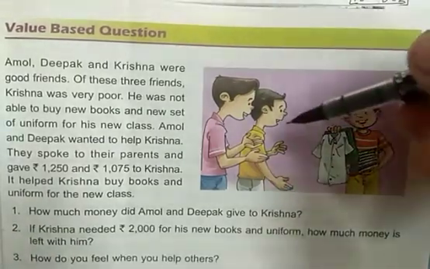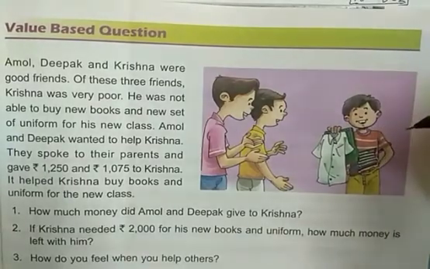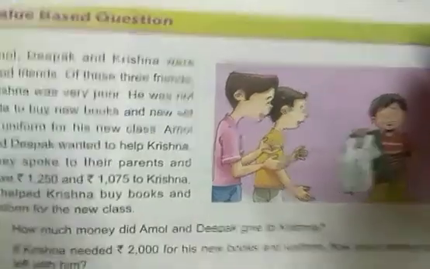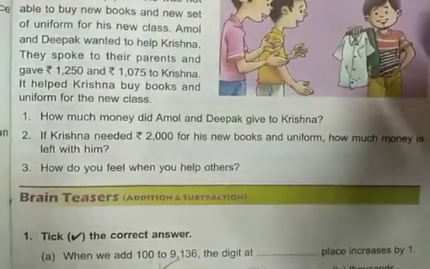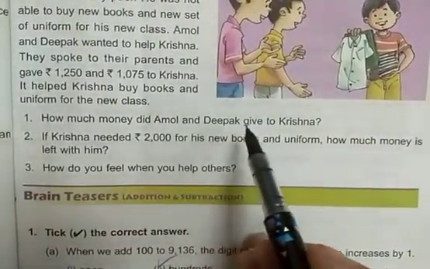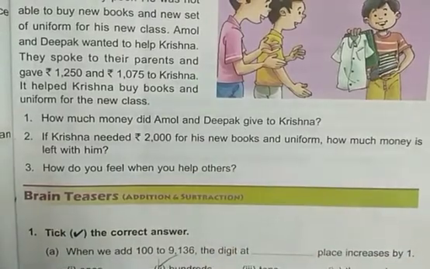They collected that money and gave it to Krishna. And from that money, Krishna purchased the books and the new uniform for the new class. So the question is, how much money did Amol and Deepak give to Krishna?